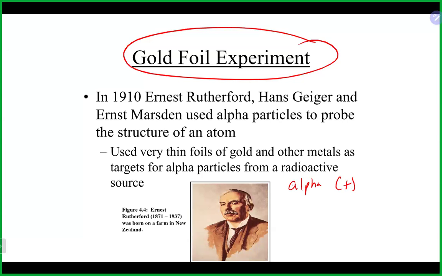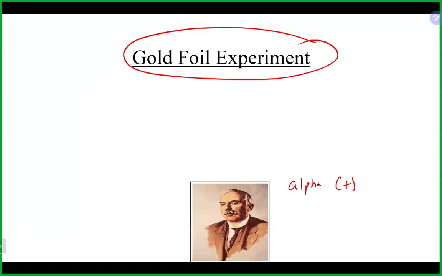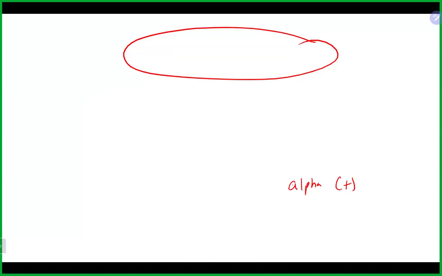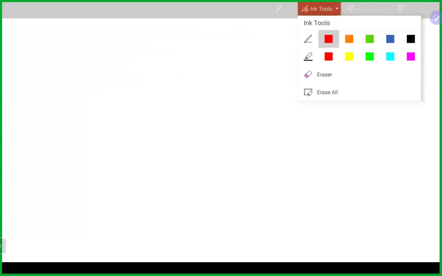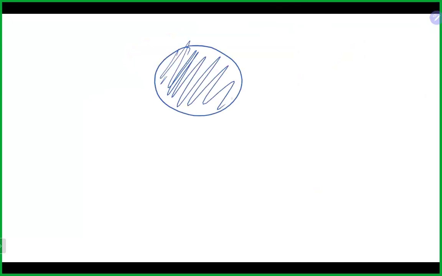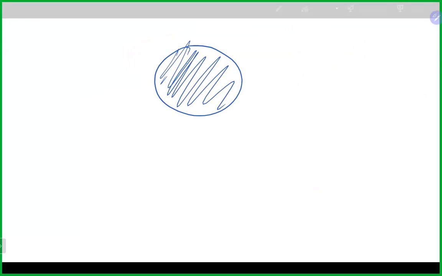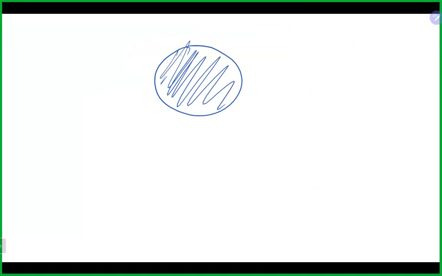If we go with the assumption of what is happening at this point, we have this plum pudding model that we just saw on the previous slide. We've got this nice sphere of positive charge all spread out, with electrons embedded inside.